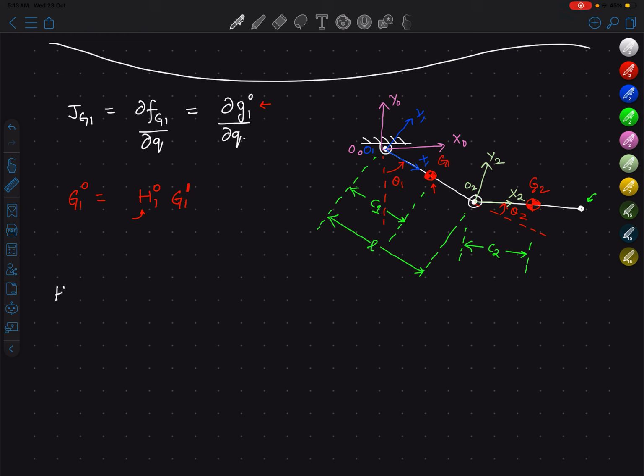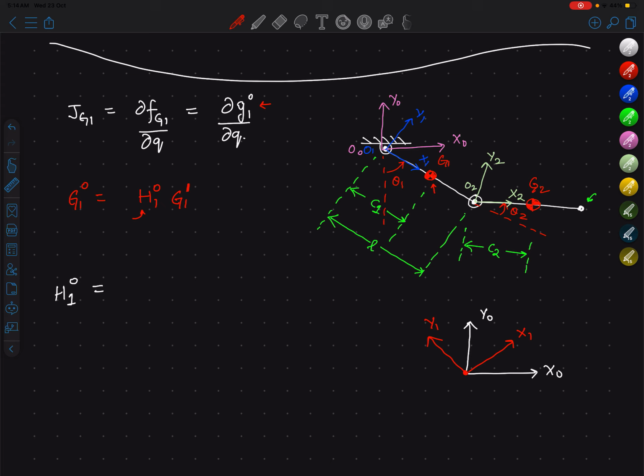How do we find H1 naught? So just to recall, if this is the base frame x0, y0, and this is the rotated frame 1, x1, y1, right? This is just rotation, there is no translation.